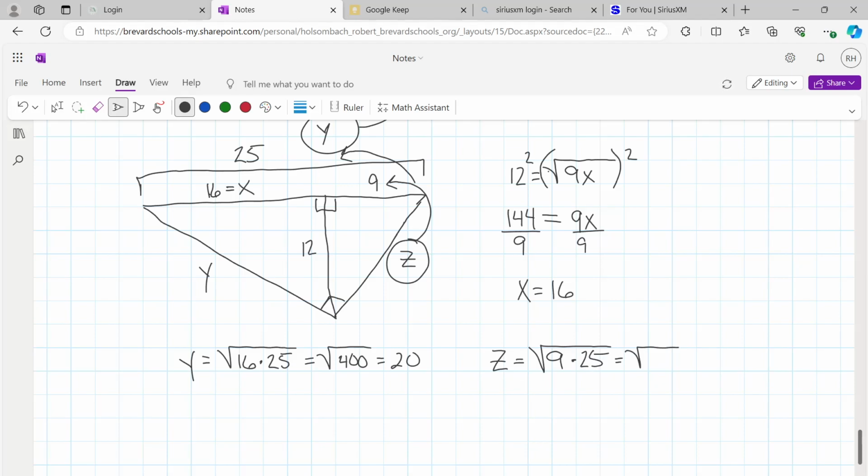So the square root of 9 times 25 is 225. And the square root of 225 is equal to 15. Any questions?